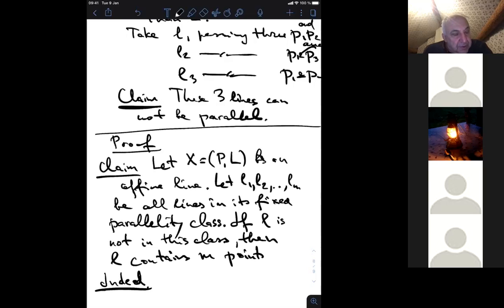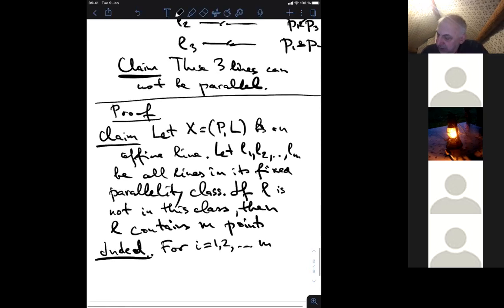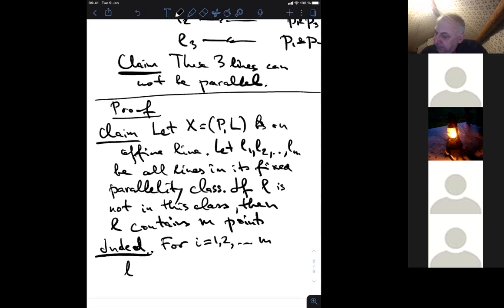Indeed. If it's not parallel, then for i equal to 1, 2, and so on to m, let us look at the intersection. We know that any two lines intersect at exactly one point.